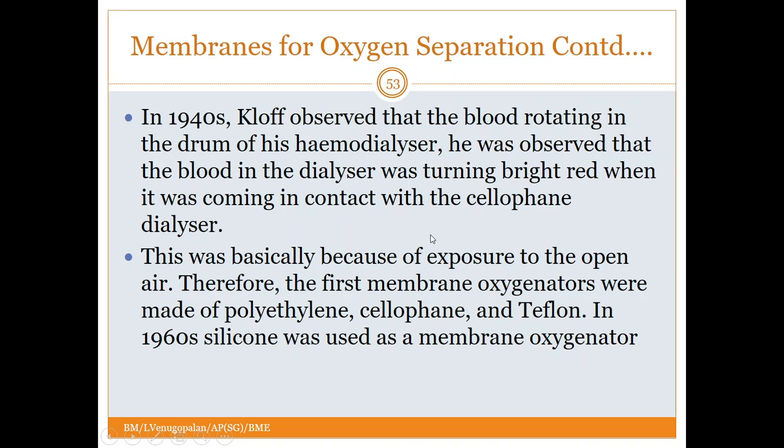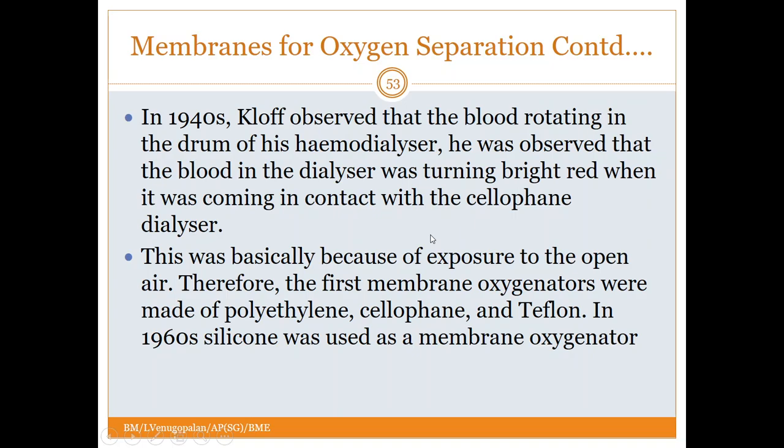That's when the bright red color comes, when oxyhemoglobin increases in the blood. He observed that this bright red color was because the blood was exposed to open air. So the first membrane oxygenators were made up of polyethylene, cellophane, and Teflon.